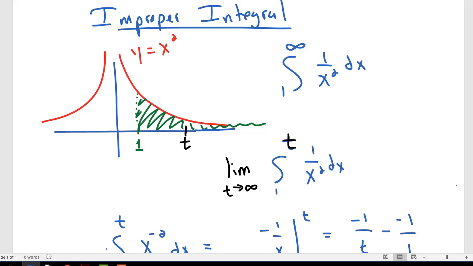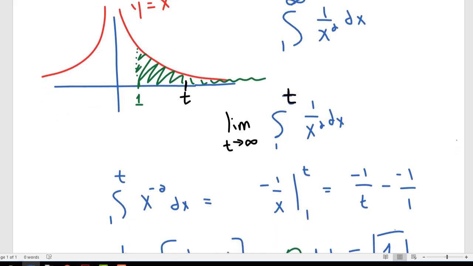So in a section like this in a textbook, you've got to be a little careful. It doesn't have to have an infinity up here to be improper. You just have to make sure that there isn't a vertical asymptote, that there isn't a division by 0 over your limits of integration. And that would be what we call a type 2 integral.